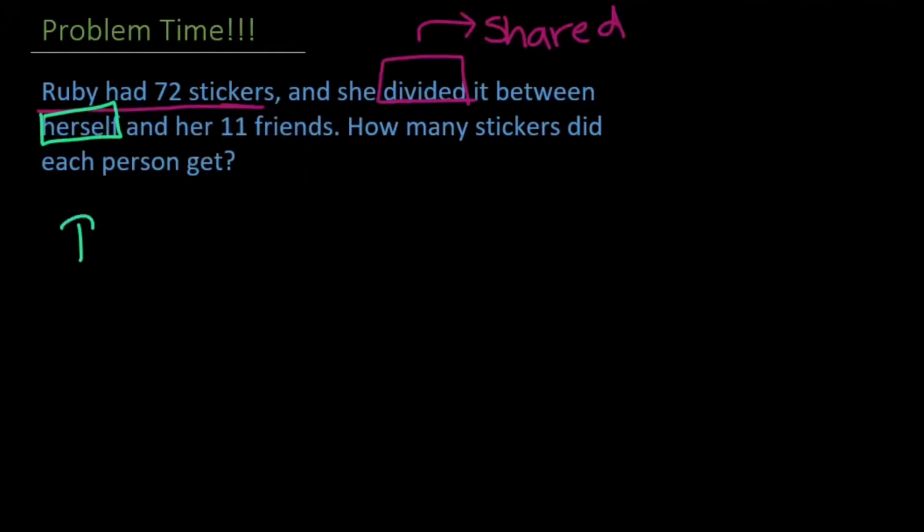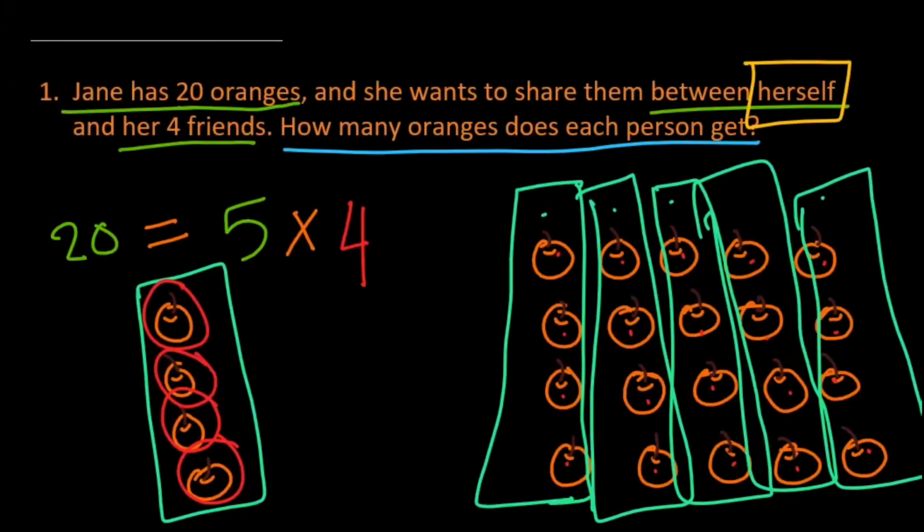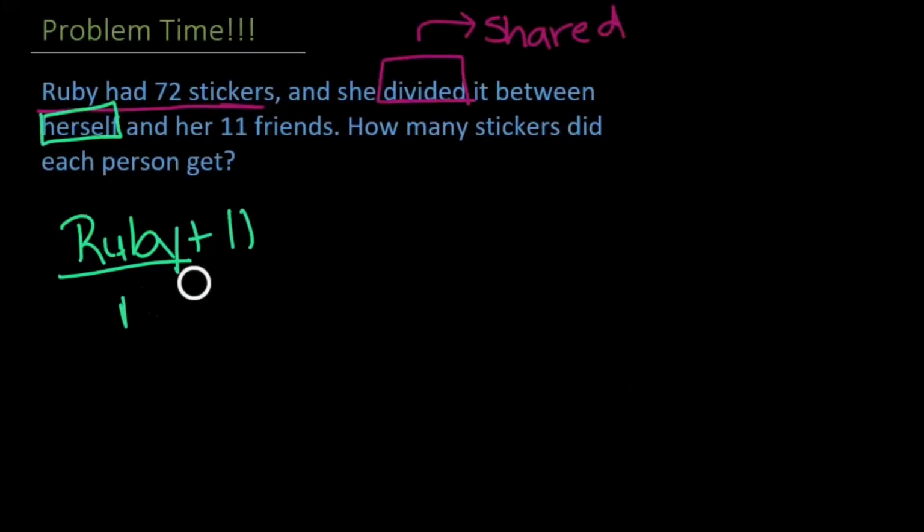So we have Ruby plus 11. And again, Ruby is only one person, as we discussed in the previous problem. I erased it, but we discussed it. Ruby is just one person, so that basically means 1 plus 11, because Ruby is one person.